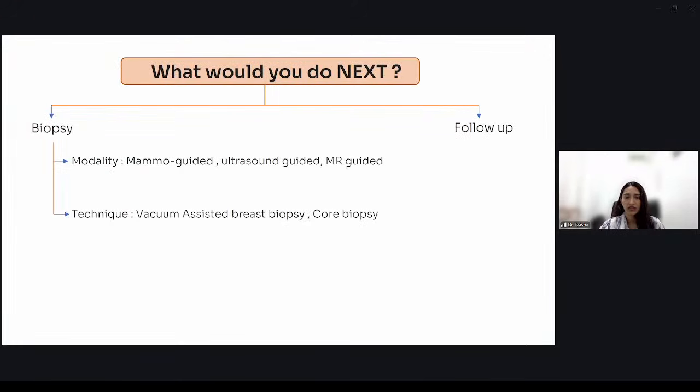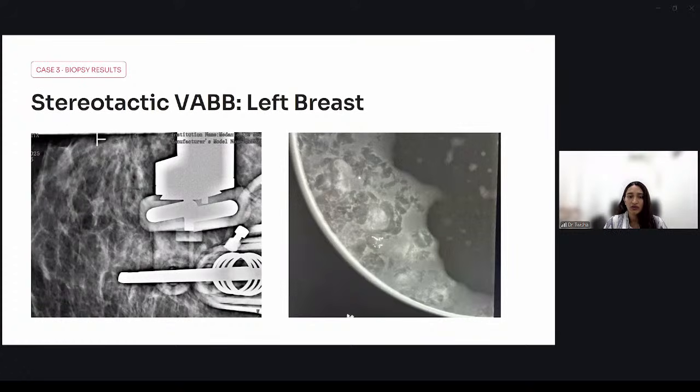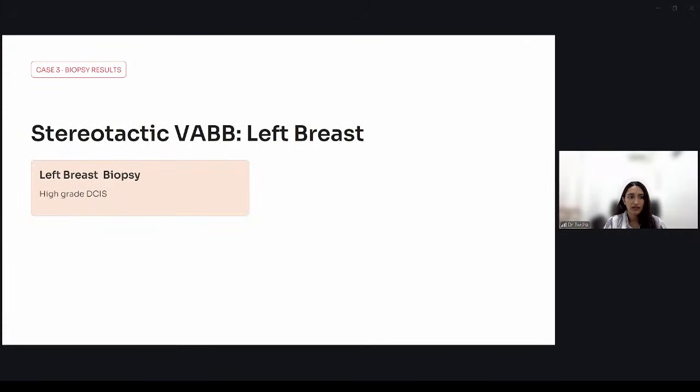So like ma'am said, would you follow up this patient or go ahead with the biopsy? We went ahead with a stereotactic VAC for the left breast, and you can see the excised sample on the right side, which has the microcalcification. And the result was high-grade DCIS.